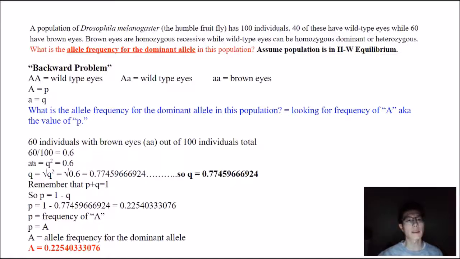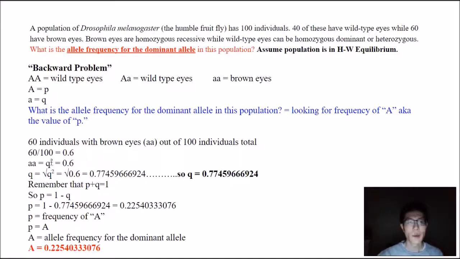And this 0.6 is going to be the frequency of the genotype little a little a. Remember, this is the genotype, or the individuals. So 0.6 is the frequency of little a little a, which also happens to be the value q squared. We know the population is in Hardy-Weinberg equilibrium, which means we can use this q squared value to keep going and solve for our p value.